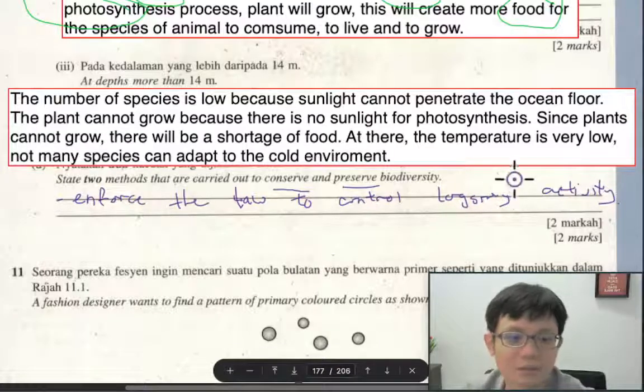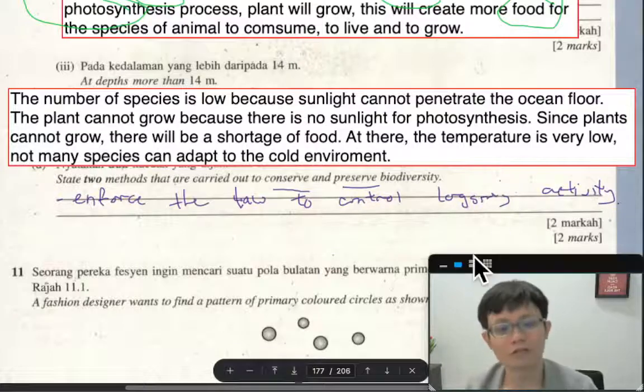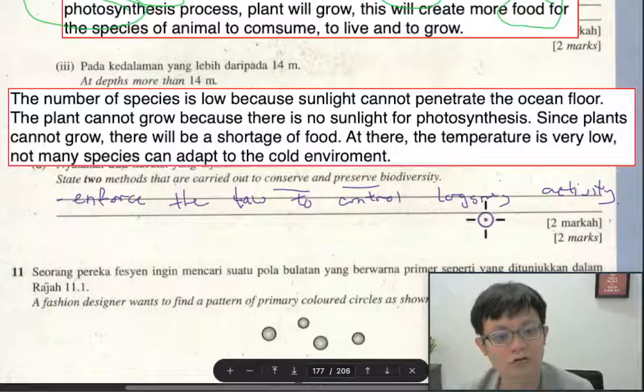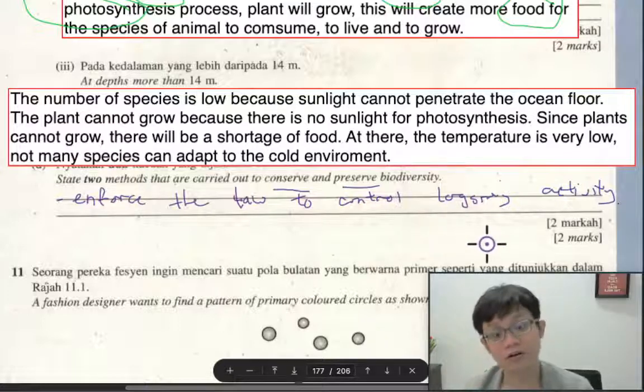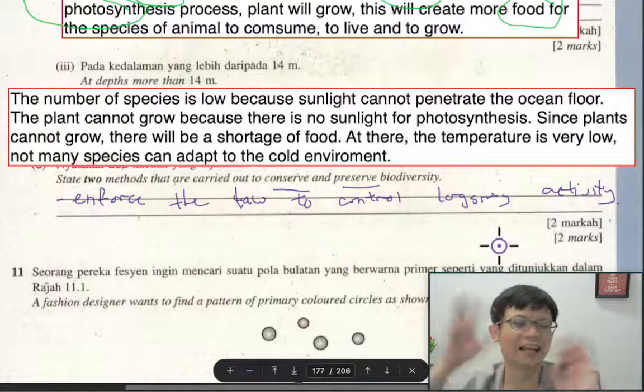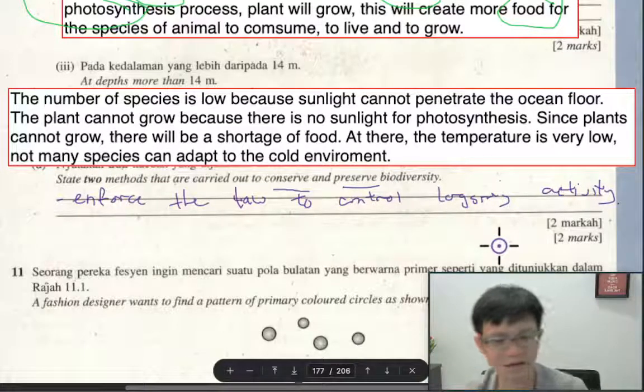But you don't say catch the bad people lah. Enforce the law to control logging activity, or enforce the law to ensure that people will follow the procedure and not destroy the environment. Anything lah, you just make it sound better.